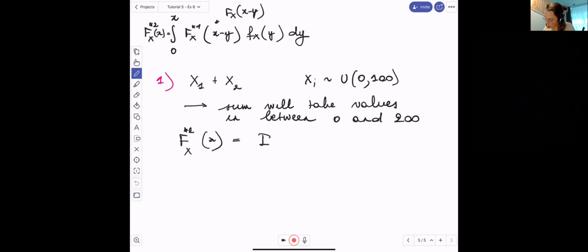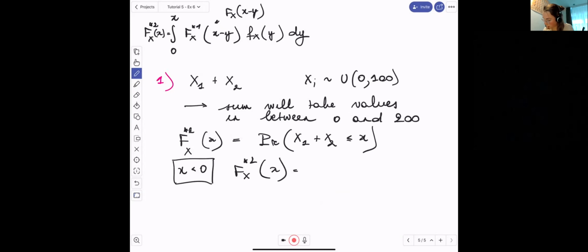Okay, what about the case when x is smaller than 0? What will the probability be in that case? Well, we know that our sum will only take values in between 0 and 200. So when x is smaller than 0, this probability will be 0.